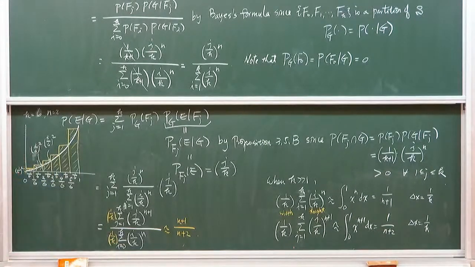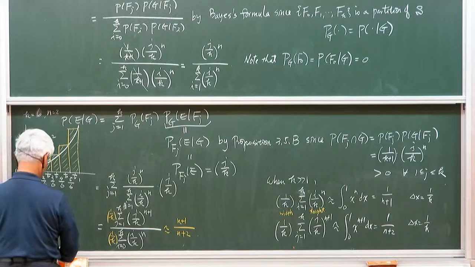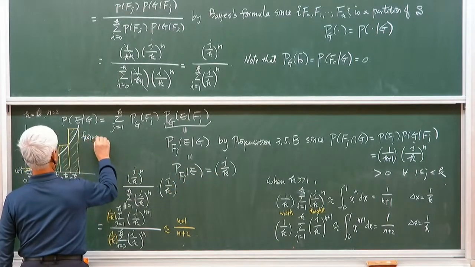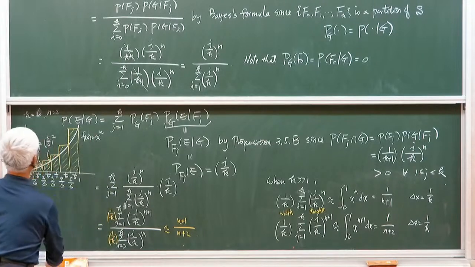Okay. So of course, for this case, the yellow part is always bigger than the integral from 0 to 1, right? But as k goes to infinity, then you can prove that the yellow area is equal to the area under the curve, f of x equal to x to the nth power.